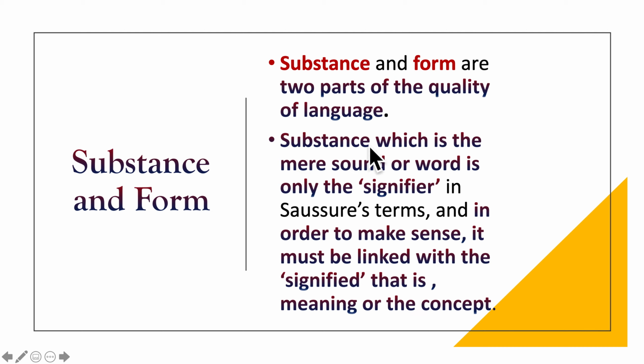So the substance of language, which includes sounds and symbols, what we call words, refers to the signifier. But when you put them in order, that gives the meaning or the concept, that is the signified.